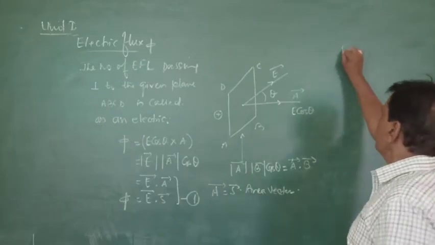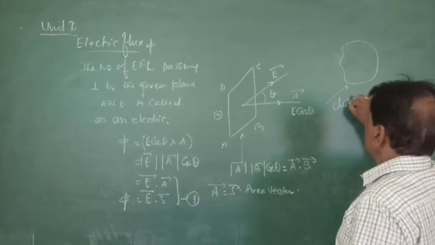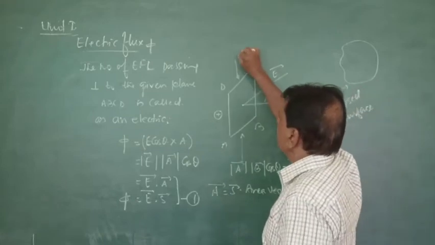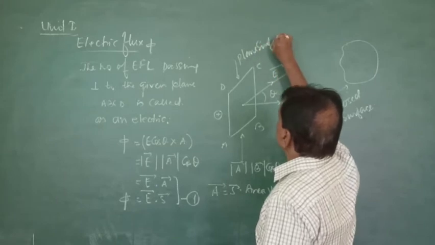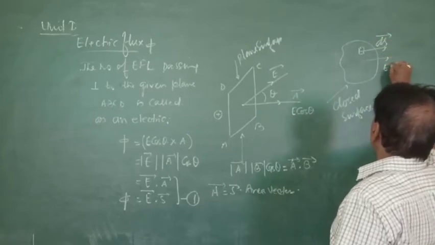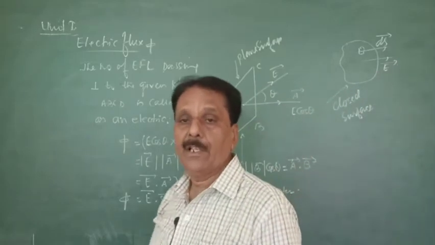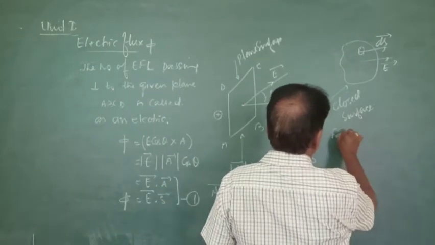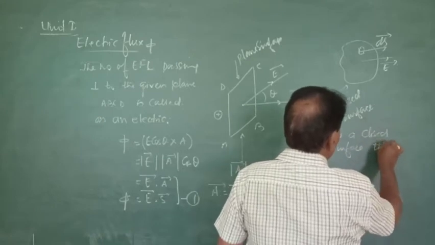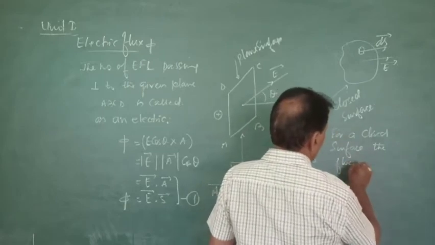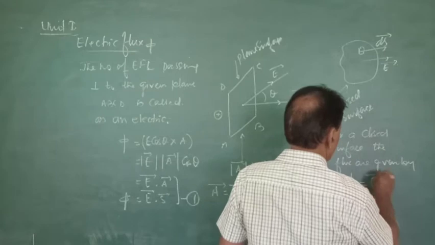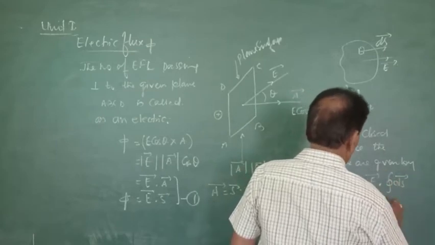Now, if we are given a closed surface, whereas this one is a plane surface, if we consider an area ds by which electric lines of force are coming out of this closed surface, then for a closed surface the electric flux is given by this, our equation 2.